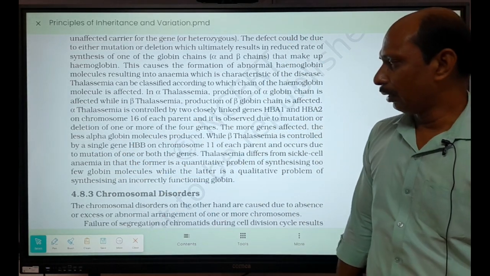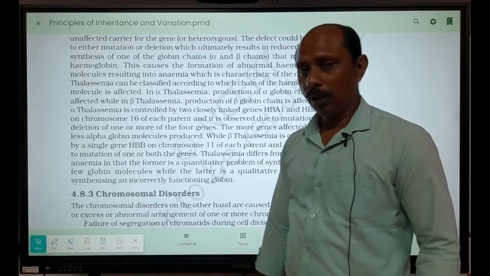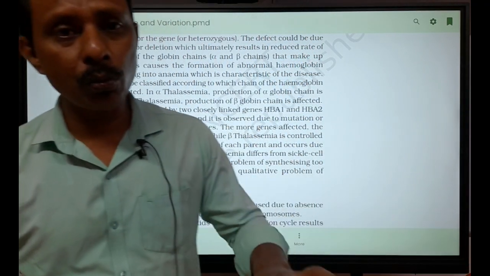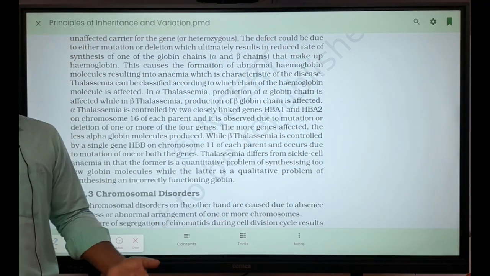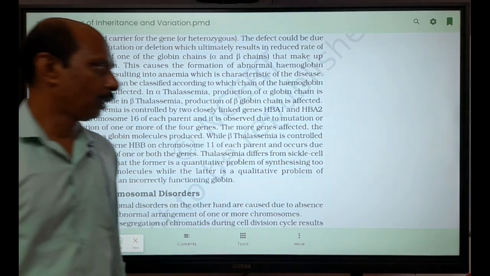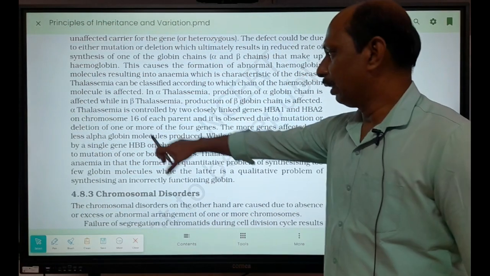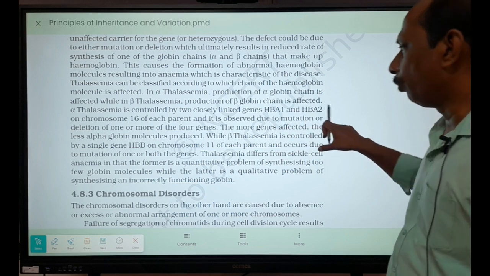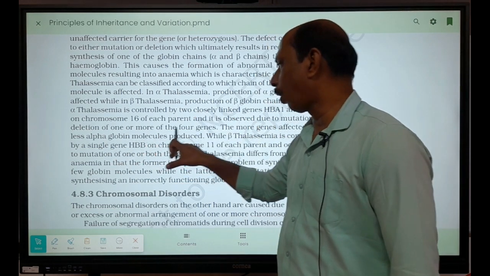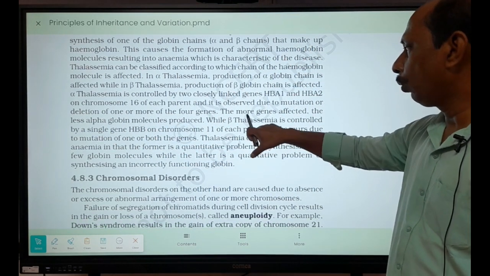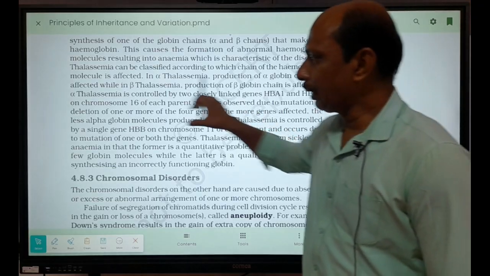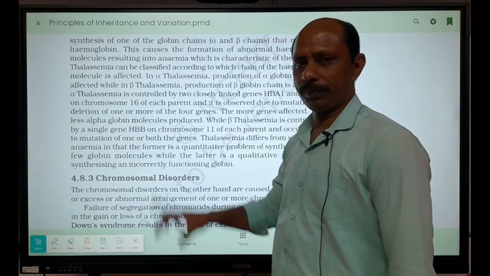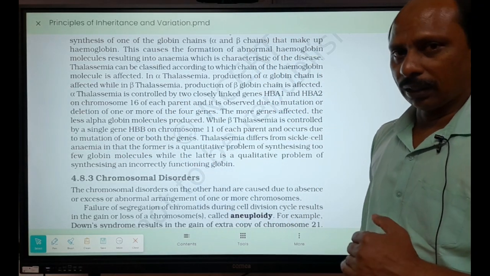Both chains are formed through two different chromosomes, not through a single chromosome. So the alpha chain is formed through the 16th chromosome in each parent. It is observed due to the mutation or deletion of one or more of the 4 genes. The more genes affected, the less alpha globin molecule produced. Only reduced, no more.